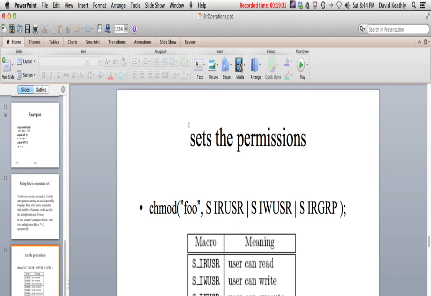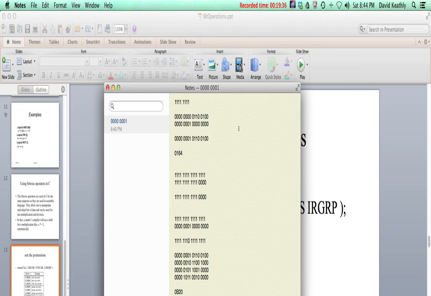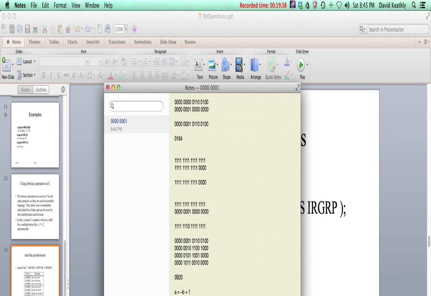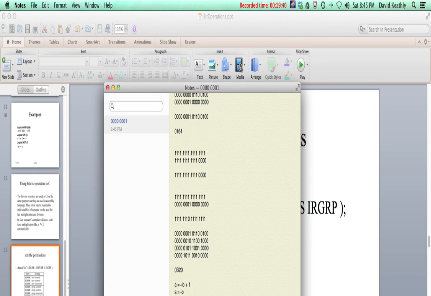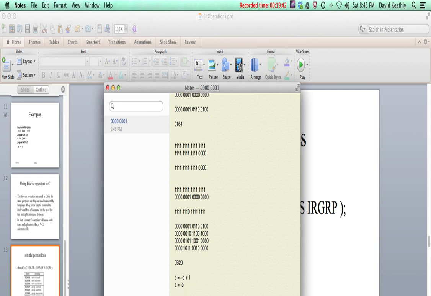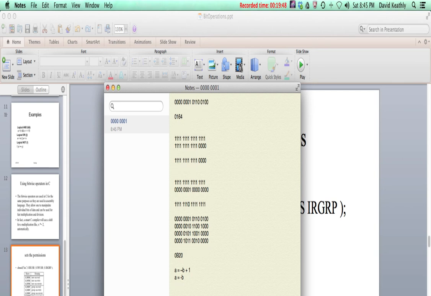And so for example, 777 would say the owner permission is 111, which means read, write, and execute. This is read, write, and execute. So I'm giving myself permission to read, write, and execute. Okay. So that's really what I'm doing there.